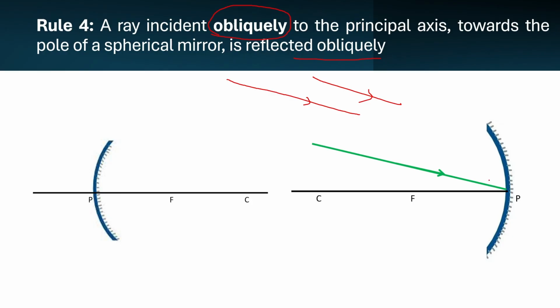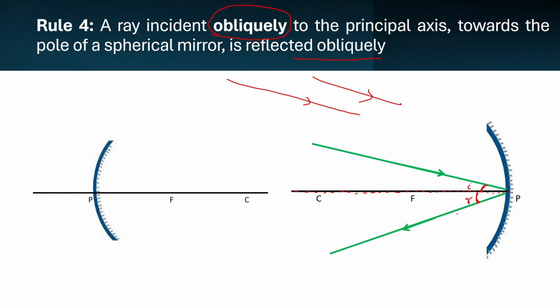Then what happens to the ray? Again it reflects making the same angle. Why does it say the same angle? We know that this line is acting as the normal. So what is the angle between the incident ray and the normal? Angle of incidence. What is the angle between the reflected ray and the normal?